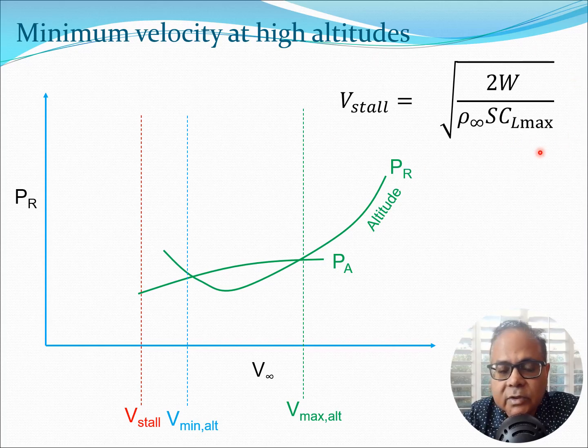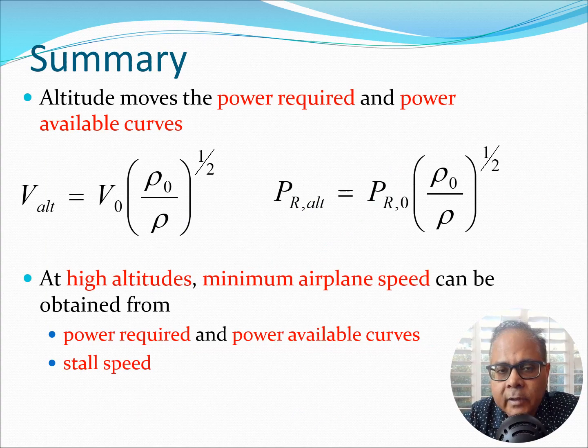This was the equation we can use to get the stall value. Do remember that CL max is the maximum lift coefficient you can get, which is the highest point of the CL alpha curve. If you are unfamiliar with this concept, go back to my previous video on this topic and take a look at that. It has to do with the high lift devices and so on, which are often used to increase the CL max value in any given airplane.